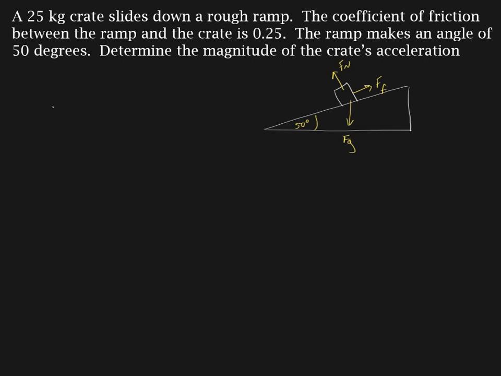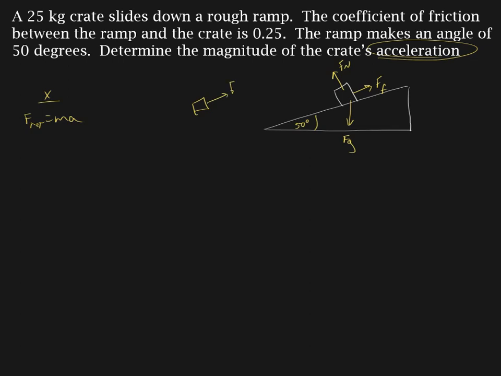So now we're going to work in the x dimension first because that's the dimension we're going to have an acceleration. Again, we're looking for acceleration. So we start by writing F net is equal to ma, and it is in non-equilibrium, so we keep it like this. Parallel to the ramp, we've got two forces.